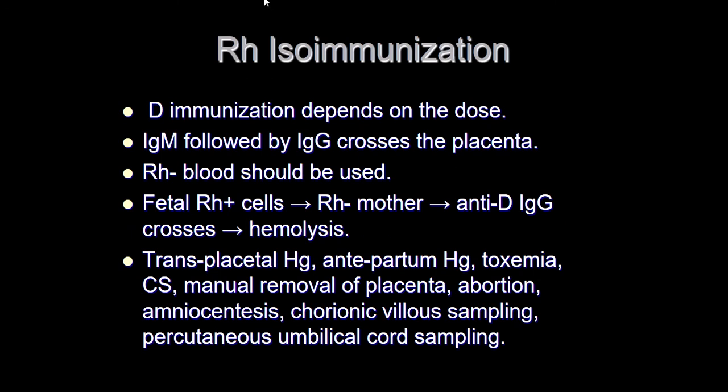We talked about the hemolytic disease of the newborn. Let us summarize that again, what we call Rh isoimmunization. Here, when we have the sensitization, it depends on the dose, how much Rh positive blood oozes from the mother to the baby.